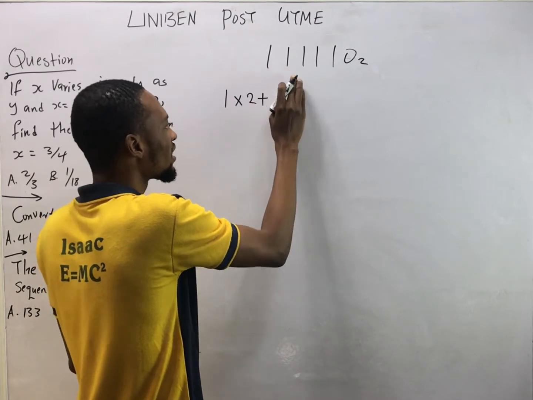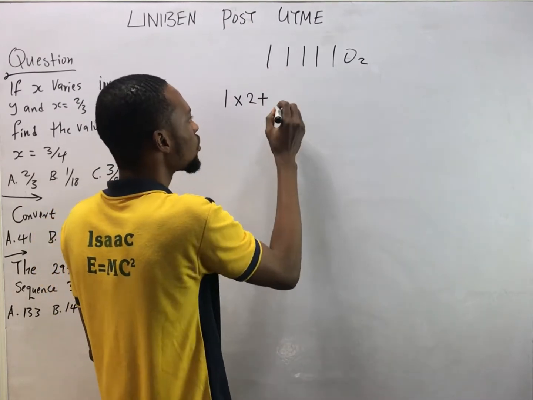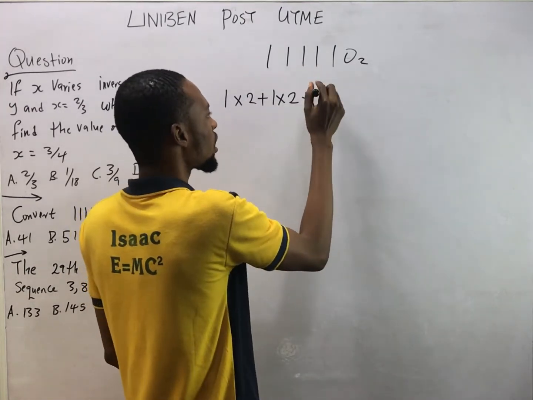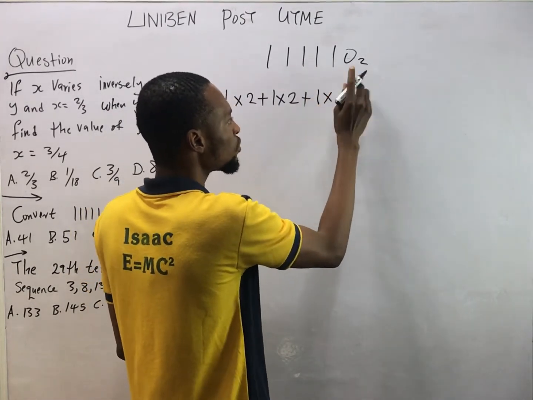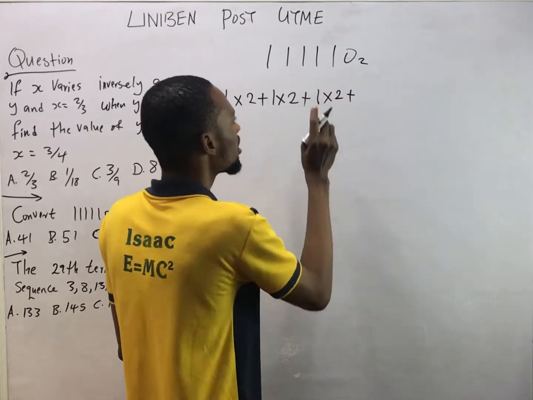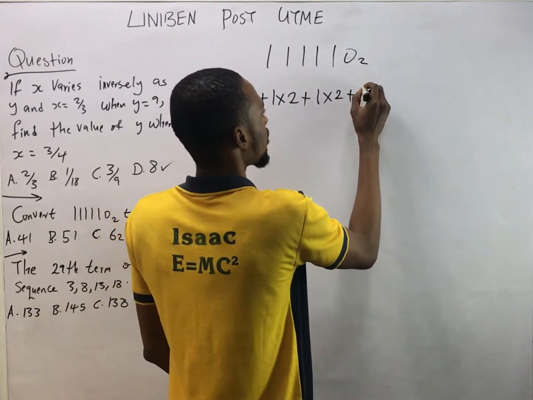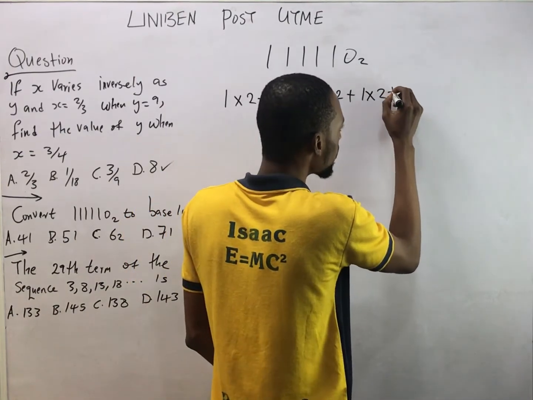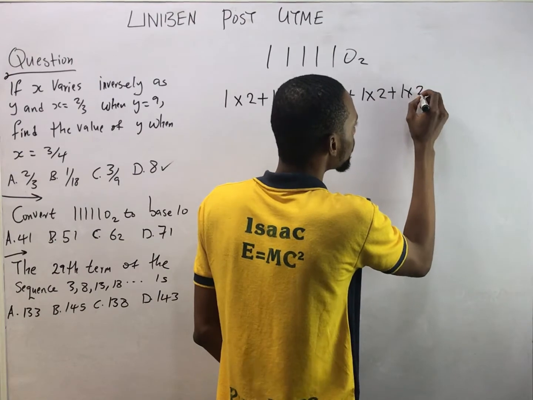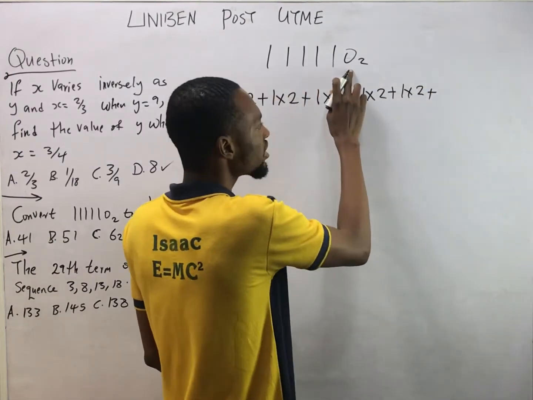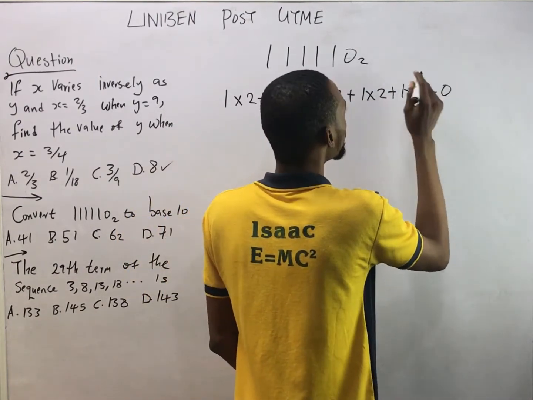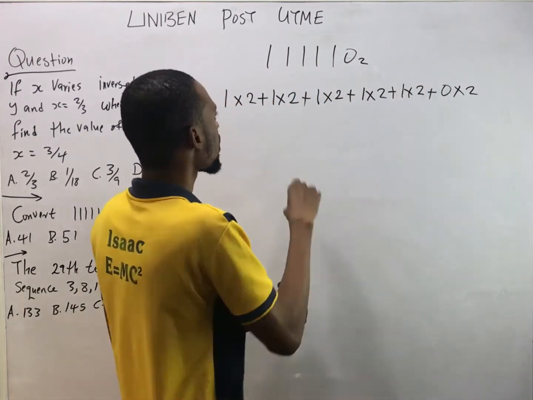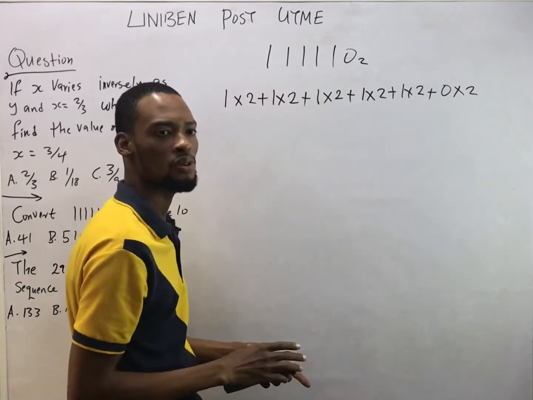Pick this second one and multiply by 2. 1 times 2 plus, take this third one, 1, and multiply by 2, plus take this fourth one times 2, plus the fifth one, 1 times 2, plus take this 0 times 2. So we've multiplied every value here by 2.